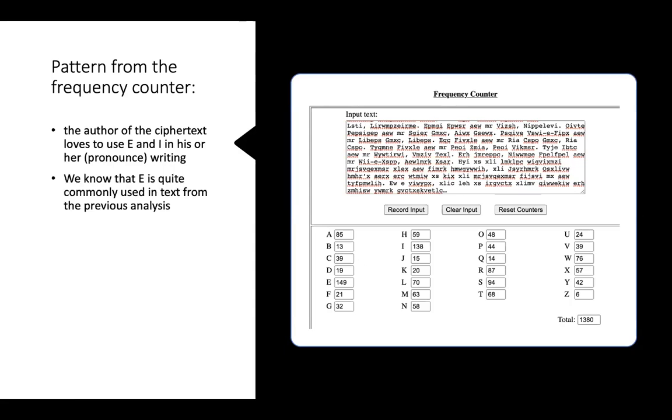We know that E is quite commonly used in text from the previous analysis. We could actually analyze more texts from different books to learn more about the language system, but we only use two texts from two different literature works to analyze it.